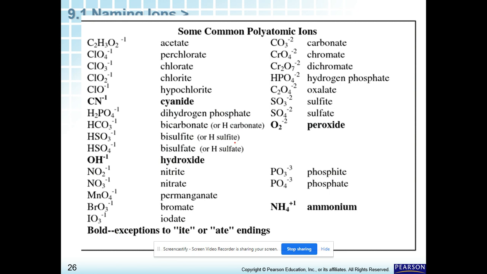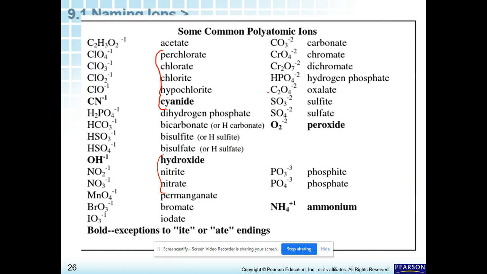Specifically, I really like to use these 5 right here: perchlorate, chlorate, chlorite, hypochlorite, and cyanide. I also like to use hydroxide. I also like to use these 3 quite a bit: hydroxide, nitrite, nitrate.